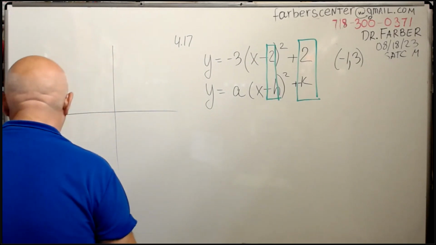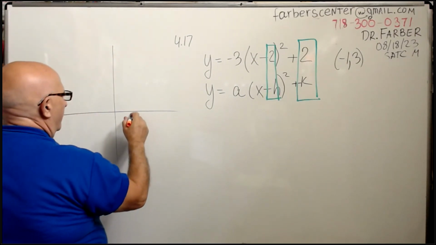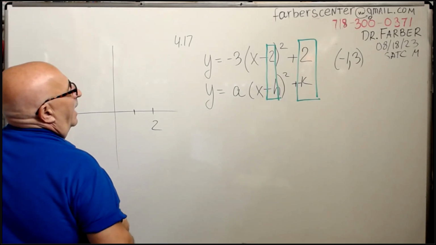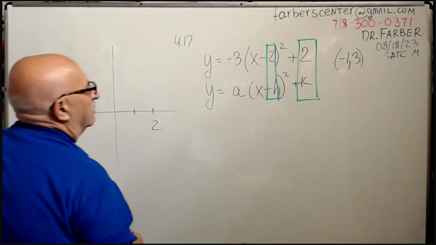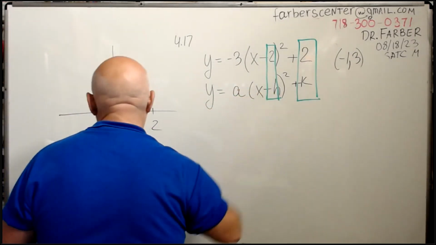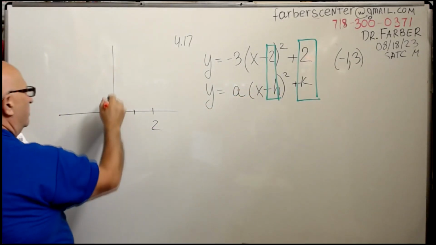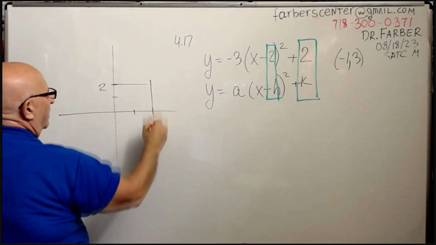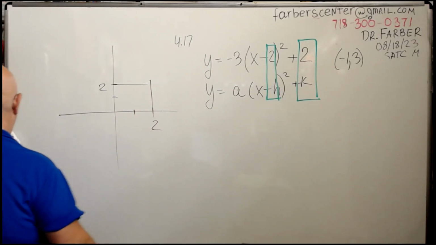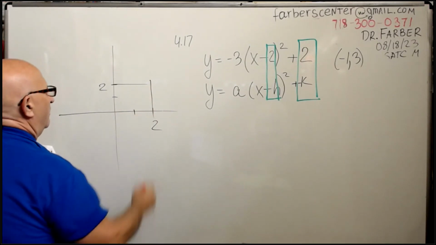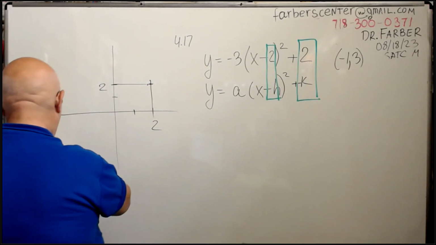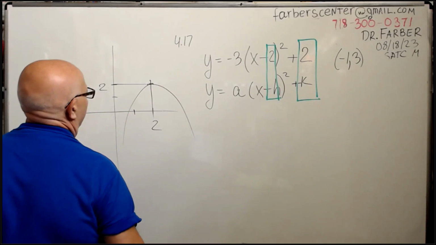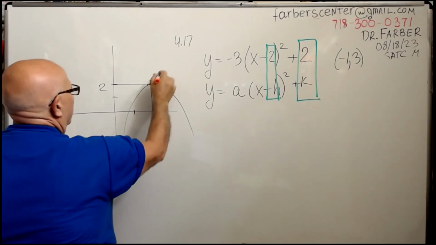And x equals 2, and y also equals 2. This is my parabola, and it goes somehow like this. And definitely this is the vertex, with coordinates 2 and 2.